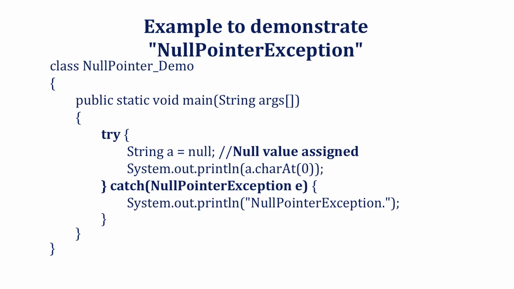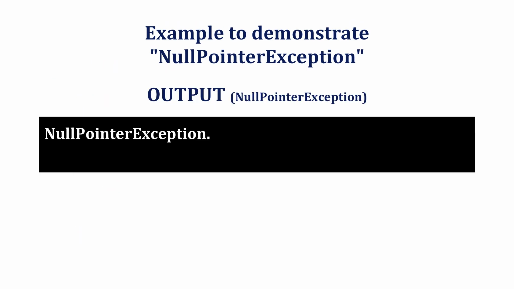This e is user defined, you can use anything else, but it should be a valid identifier that comes under the naming rules of Java tokens. The system.out.println inside the catch block displays a message when null pointer exception occurs.